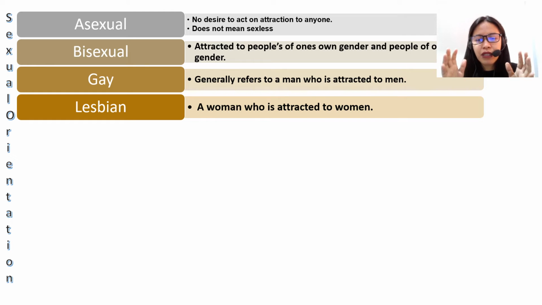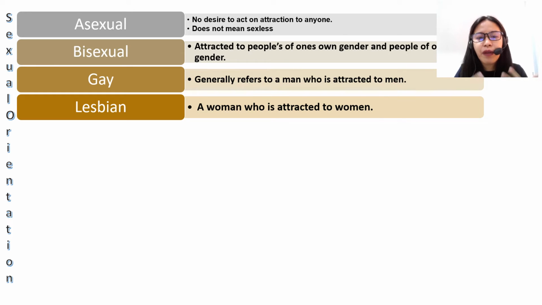No, we cannot actually define a certain person because of their biological characteristics or because of how they portray themselves. Because the only person who can acknowledge their sexual orientation is that person also, is ourselves also.